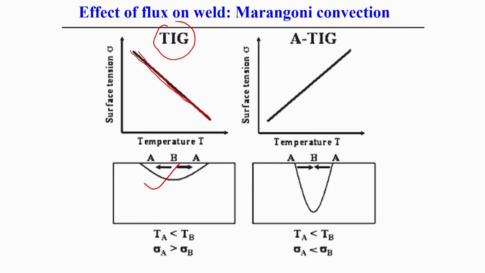Either the surface active elements are already present in the base material, this is one way, or we can add these active elements by putting a coating of the surface active elements on the surface, or if it is possible to mix those elements within the shielding gas also. By these three means it is possible to incorporate the surface active elements into the weld zone, and that is called the activated TIG welding process.